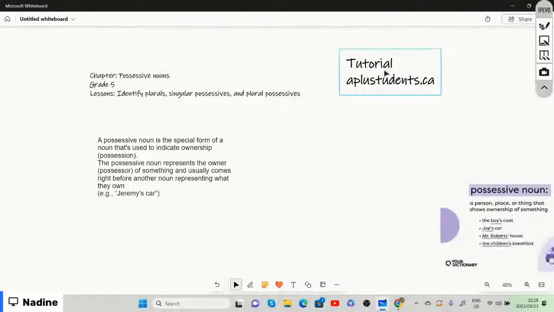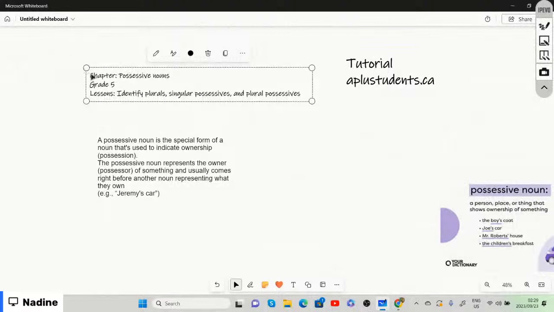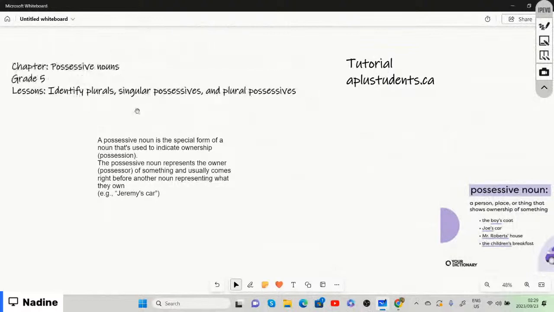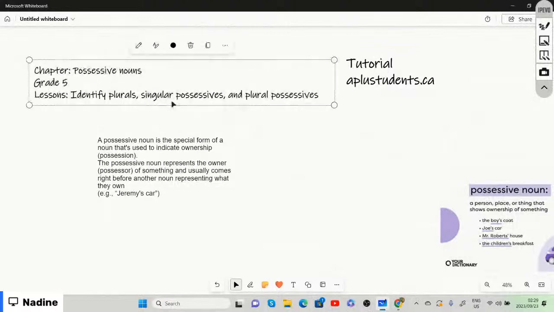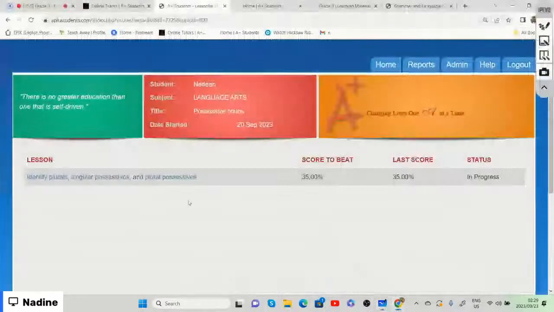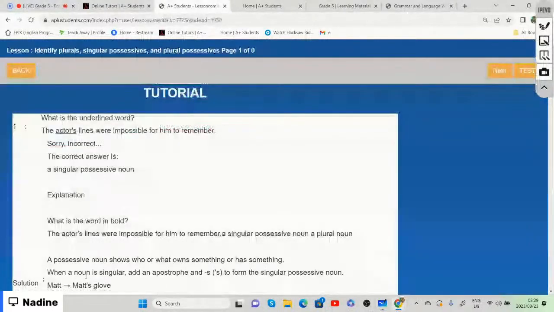We're going to continue our tutorial lesson on aplusstudents.ca on possessive nouns. All right, so this is where we're going to identify plurals, singular positions, as well as plural possessives.